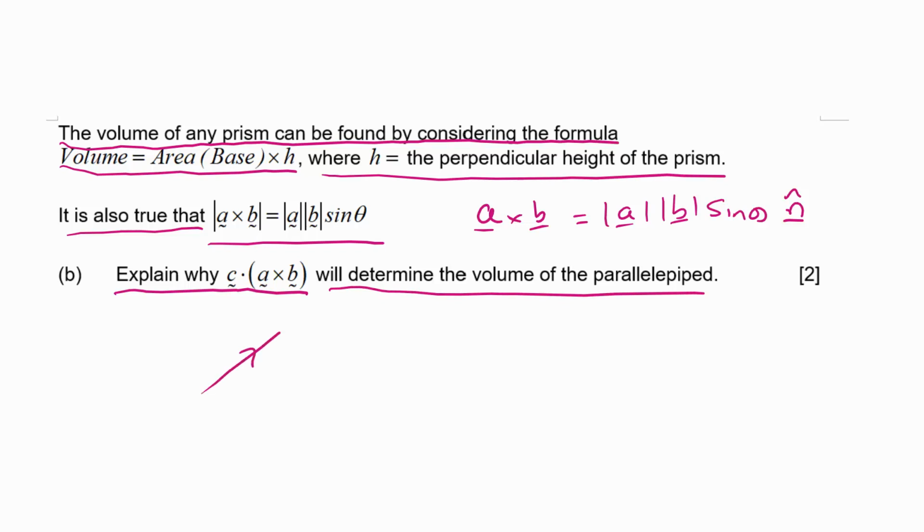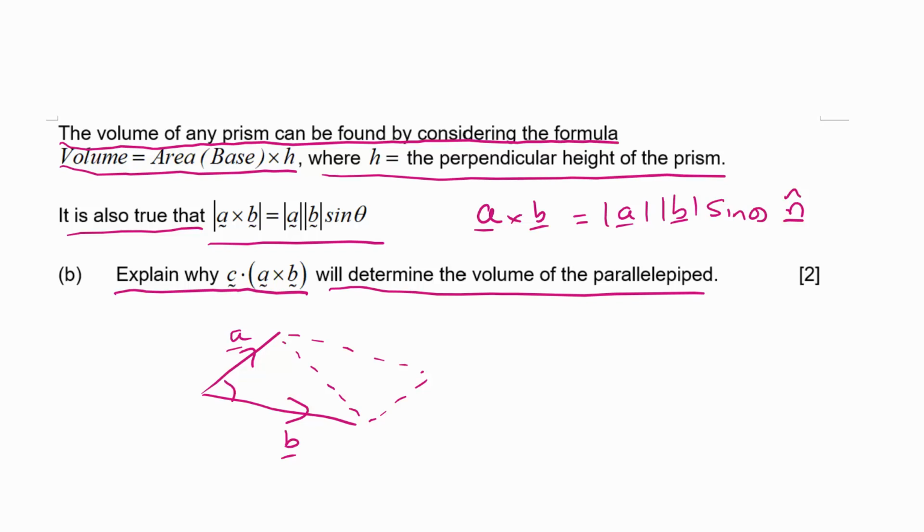Well, if we have vectors A and B, and we form this parallelogram, it's essentially two triangles.